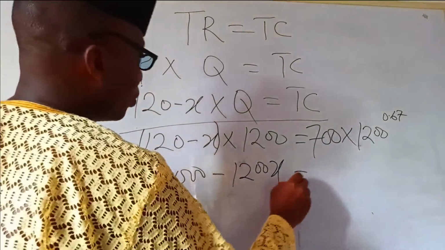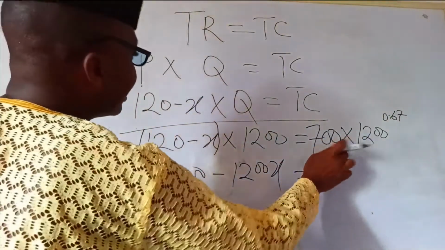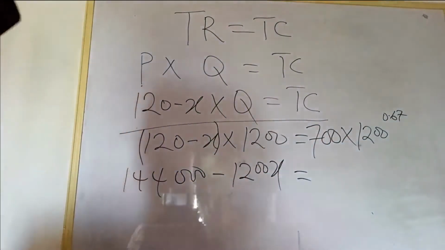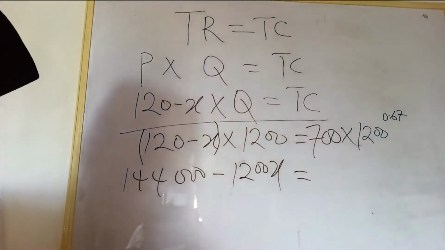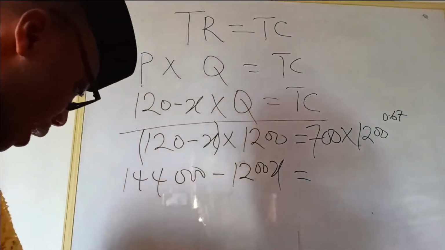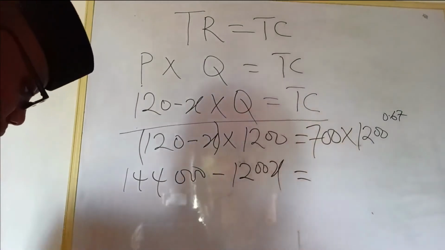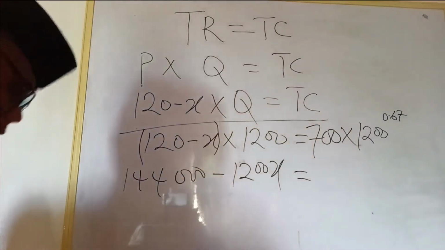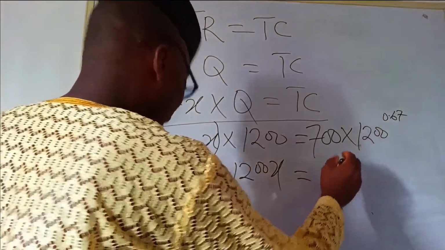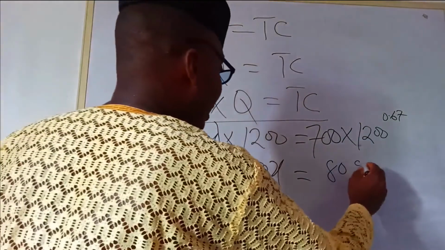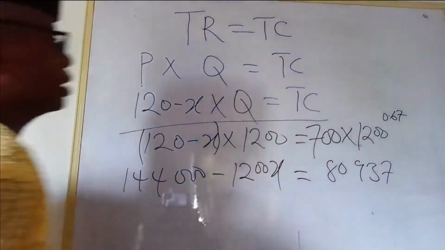Remember we've had this value before now. We had that value to be 80,937. That's what that value will give you.